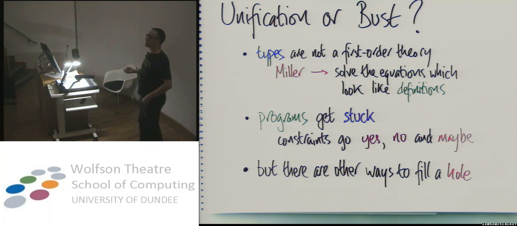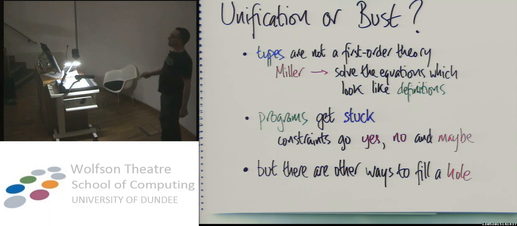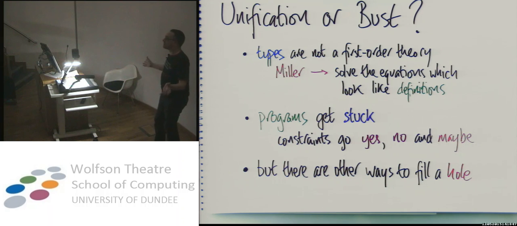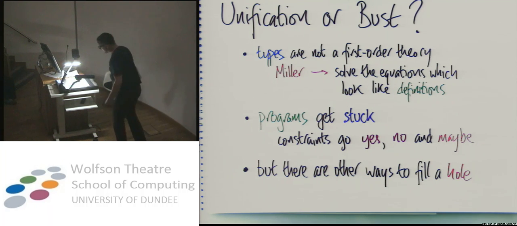So straightforwardly, if you're trying to solve x equals t, that equation looks like a definition of x. If you're trying to solve f of x, y, z equals t for all x, y, and z, well, doesn't that just look like a functional program, which you know how to compile with a lambda? That's the message.